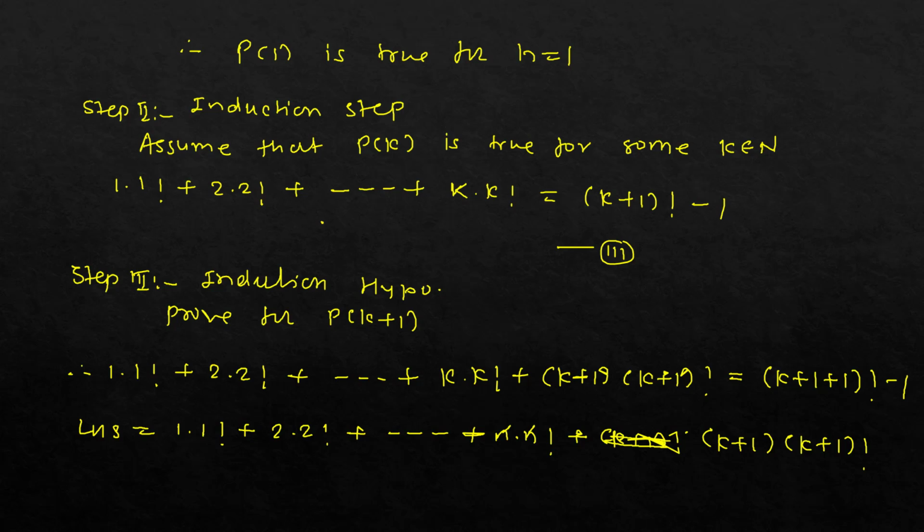Now the terms from 1 into 1 factorial to k into k factorial, which equation is this? That is nothing but equation number 3. So from equation number 3, this term is equal to k plus 1 factorial minus 1. Put this value in equation number 3.